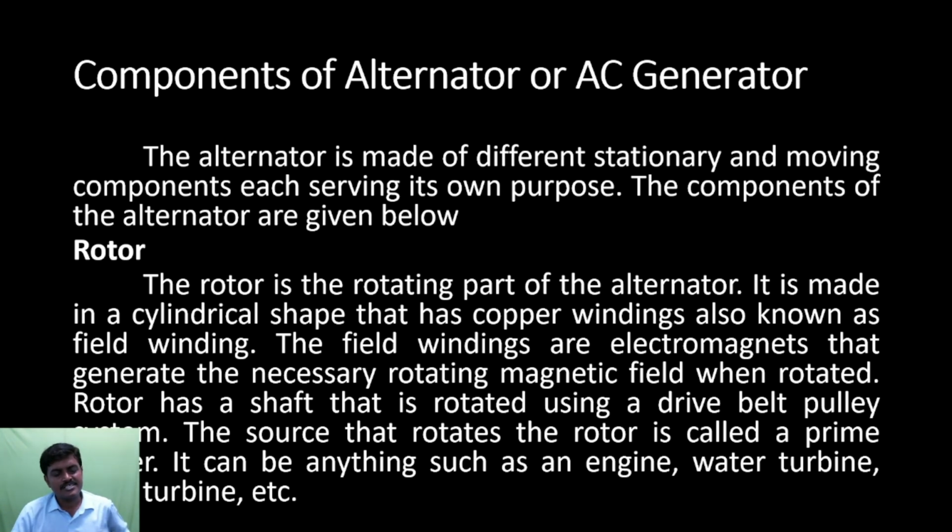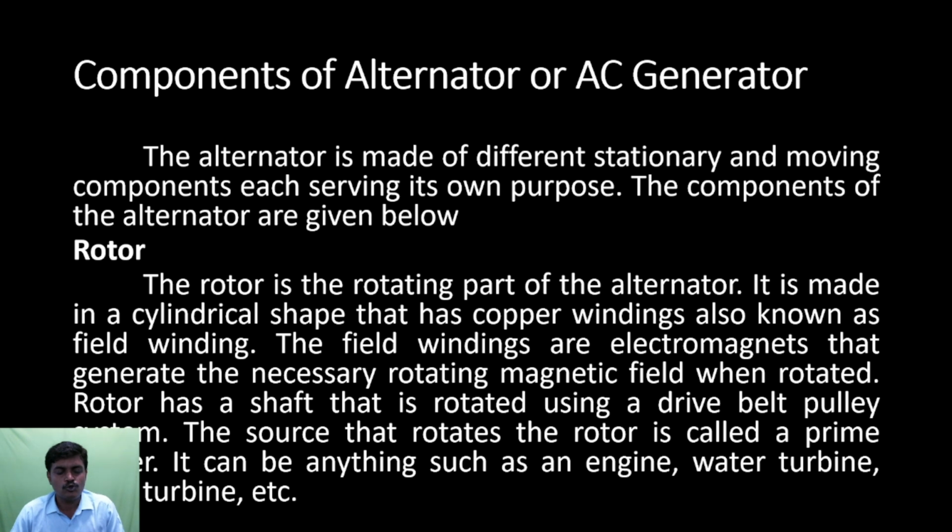The generator generates the necessary rotating magnetic field when rotated. The rotor has a shaft that is rotated using a drive belt pulley or pulley system. We are having the magnetic field in the rotor, and it will rotate by means of the pulley.